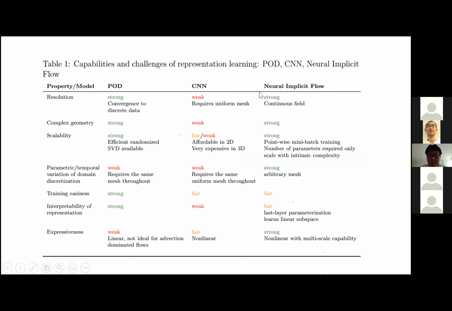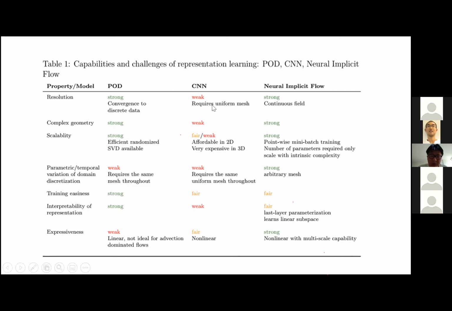While Neural Implicit Flow requires a gradient descent training process, it can be slower than POD, but once it's trained, it has really high resolution, actually sort of infinite resolution because it's a continuous field. You can evaluate at any fine resolution you want.